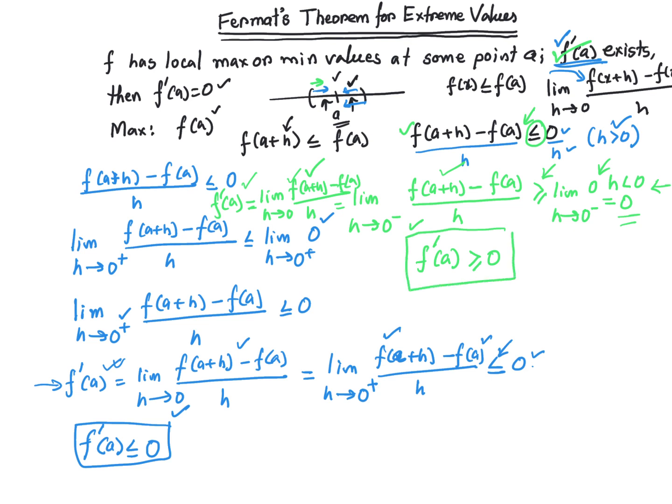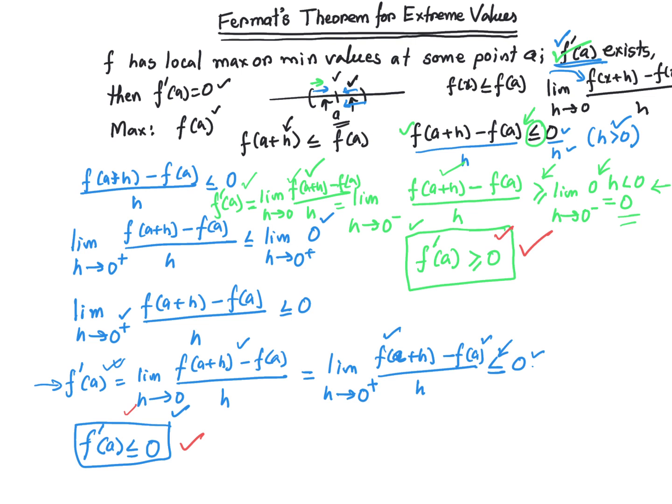So I'm going to put it in a box here. And now look, this statement says f prime of A is less than or equal to 0. And this statement says f prime of A is greater than or equal to 0. Or equivalently, the derivative of function f at point A is less than or equal to 0, and the derivative of function f at point A is greater than or equal to 0.